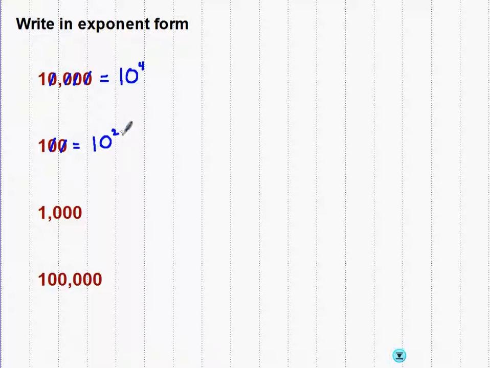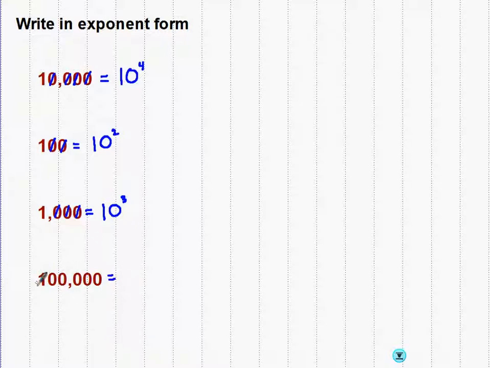So we could refer to this number as 10 to the power of 2, or 10 squared would be the same thing. Let's come on down here. 1,000, a power of 10 number. We're going to write it in exponent form, so we'll put our base of 10. And I have 1, 2, 3 zeros, so we'll raise that to the power of 3. 10 to the power of 3.